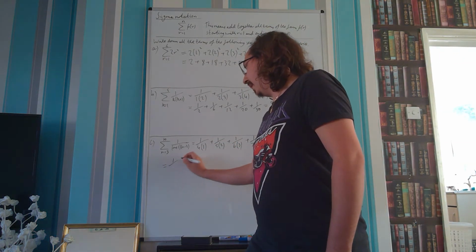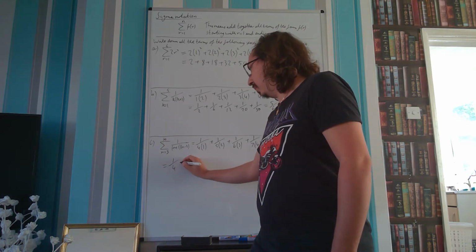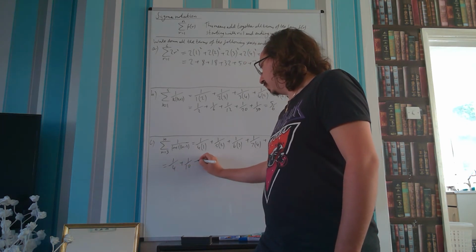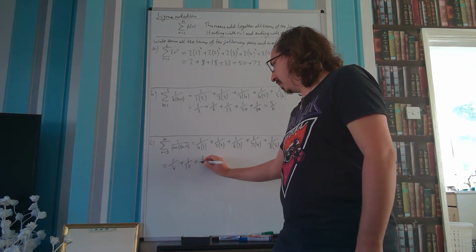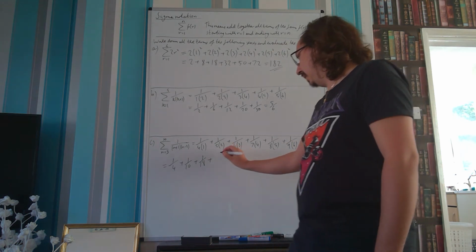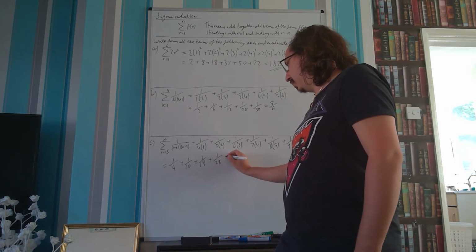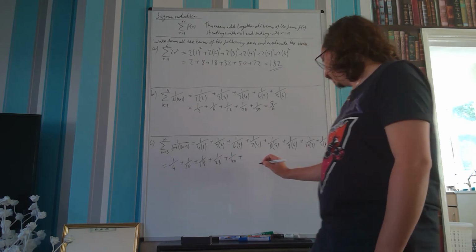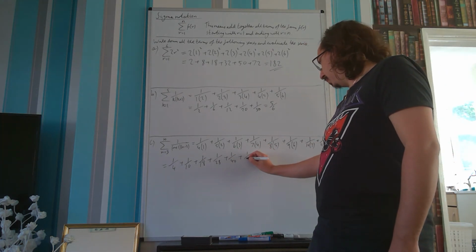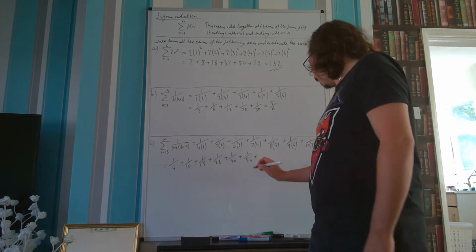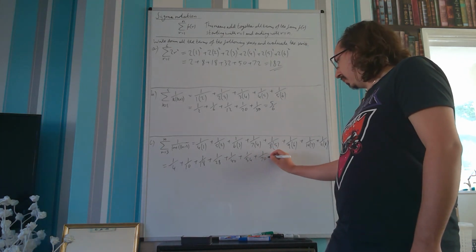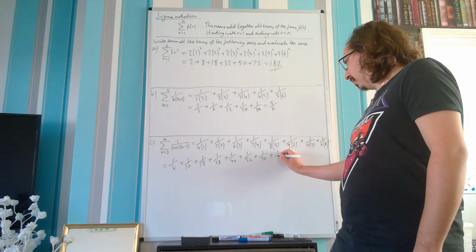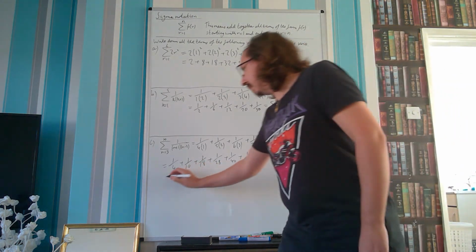If we simplify those denominators, we've got a quarter, plus 1 over 10, plus 1 over 18, plus 1 over 28, plus 1 over 40, plus 1 over 54, plus 1 over 70, plus 1 over 88.